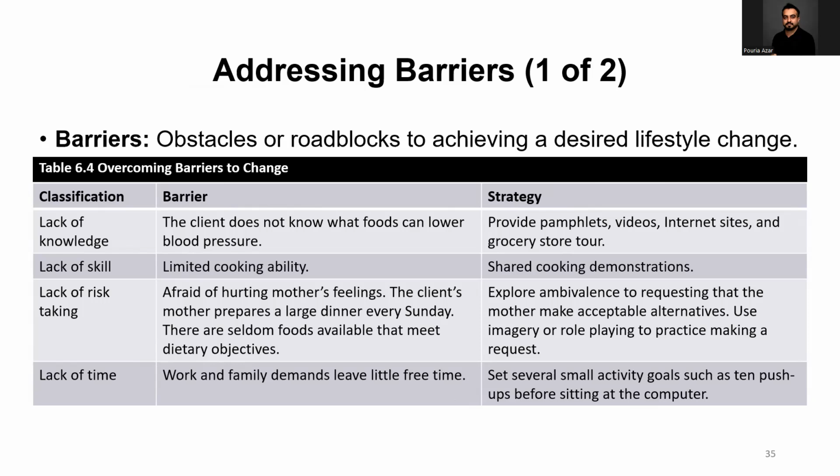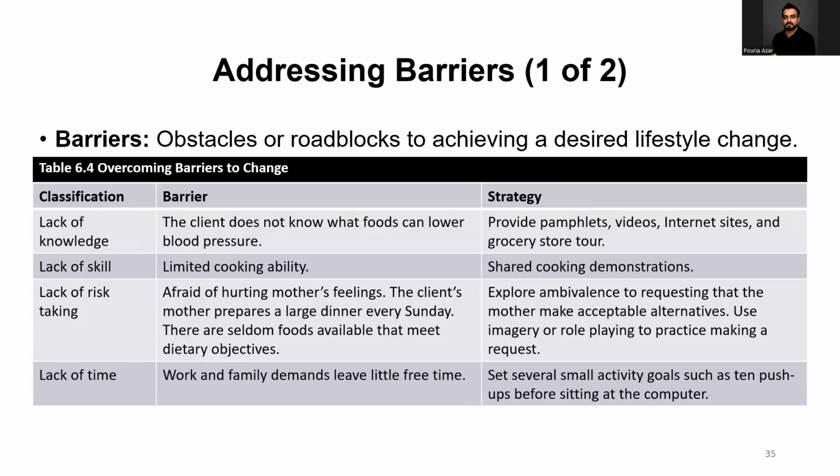Barriers are obstacles or roadblocks to achieving a desired lifestyle change. There are different types of barriers, and we have different strategies to address those specific classes of barriers. For example, lack of knowledge is a barrier. Lack of skill is another barrier.